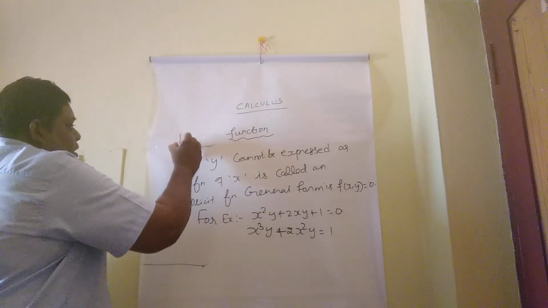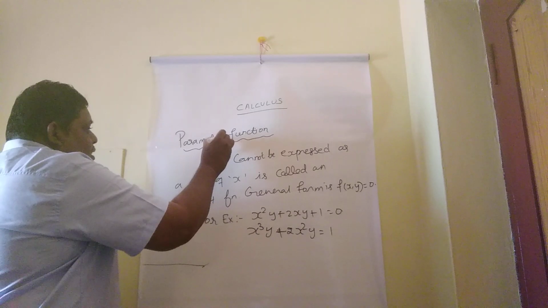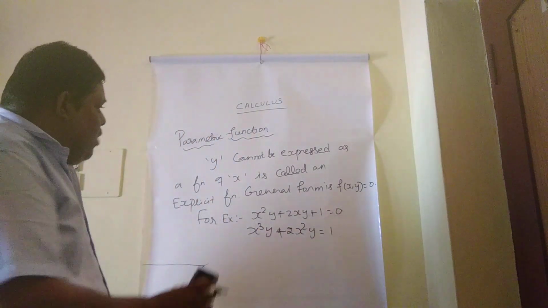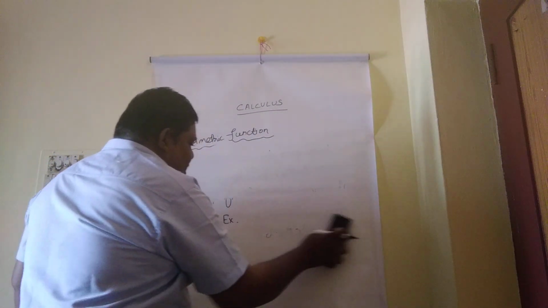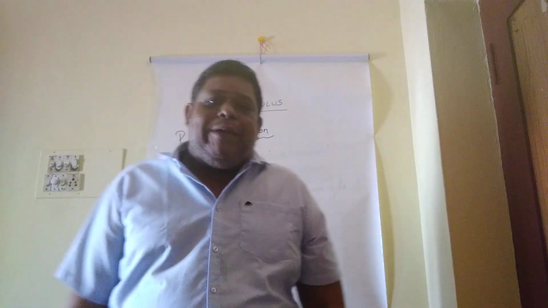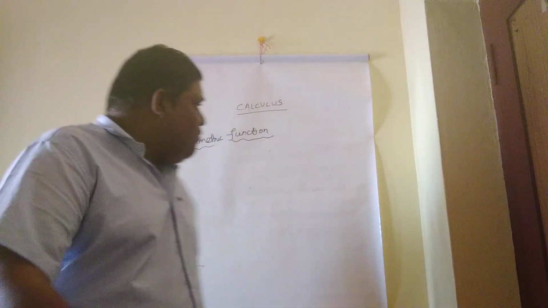Next, third one, parametric function. If the variables x and y can be expressed in terms of a third variable t, it is called a parametric function.